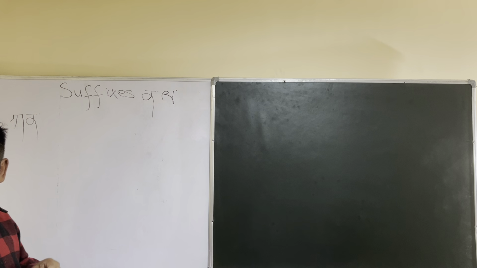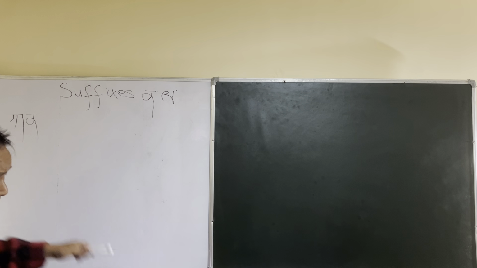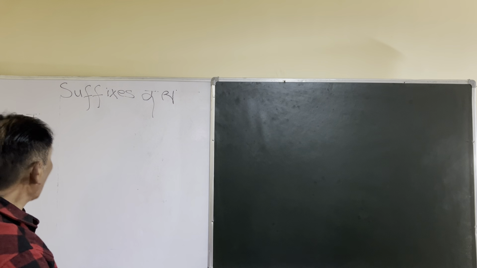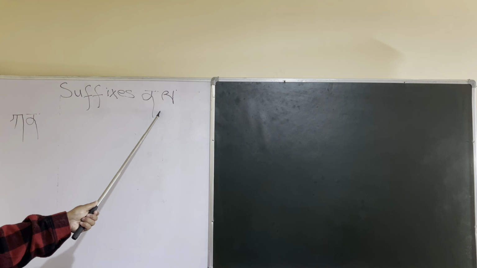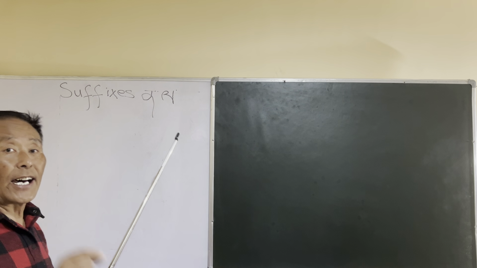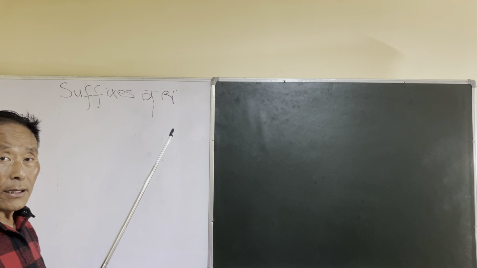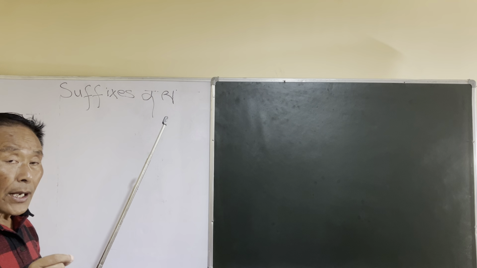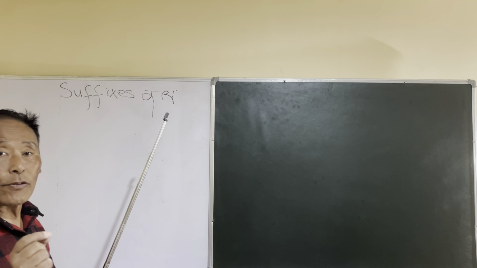Let's say we have ka na. So if we have suffix na, last time we did suffix da and sa, so the function of suffix da and sa, it works as vowel dengbo.